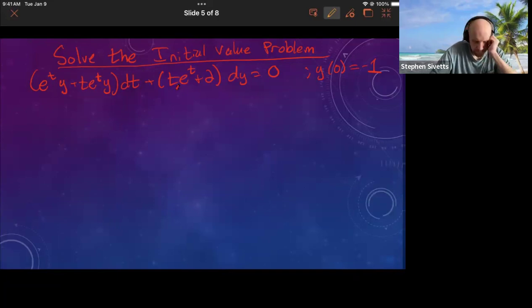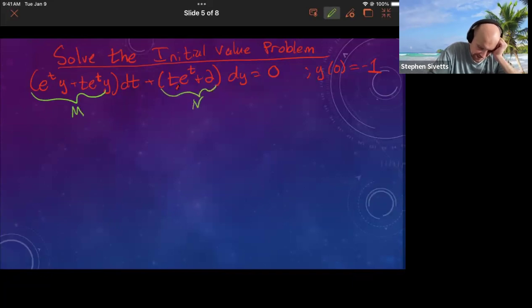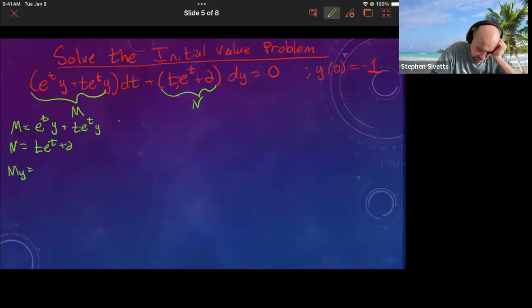All right. But it's also an exact differential equation, right? So if I label this as M, and this as N, right? So M is e to the t times y plus t times e to the t times y. N is t times e to the t plus 2. Okay. So what that means is partial of M with respect to y would equal e to the t y plus t times e to the t y.